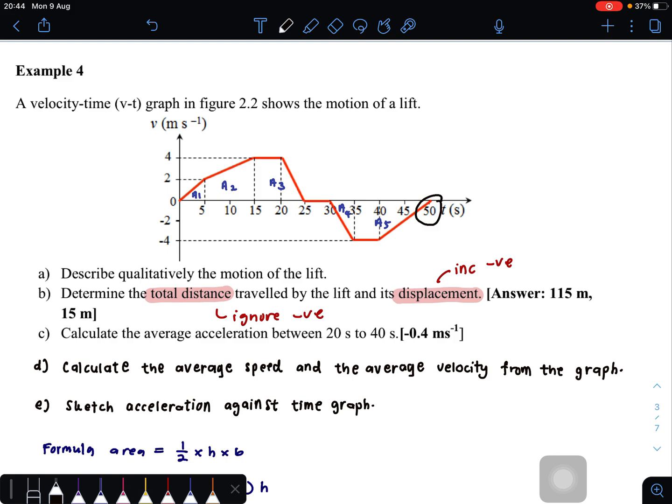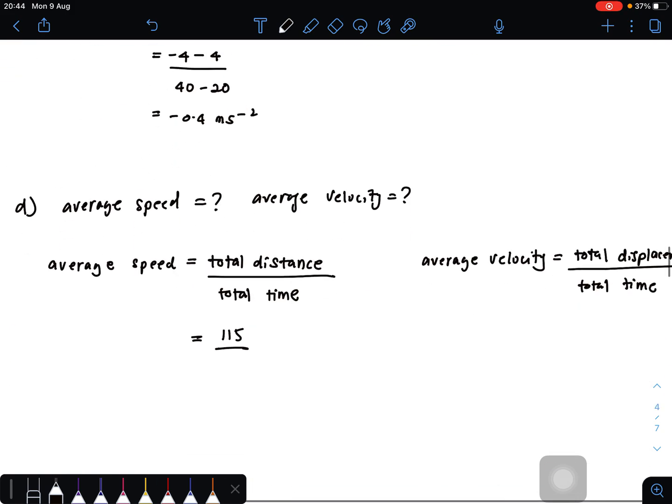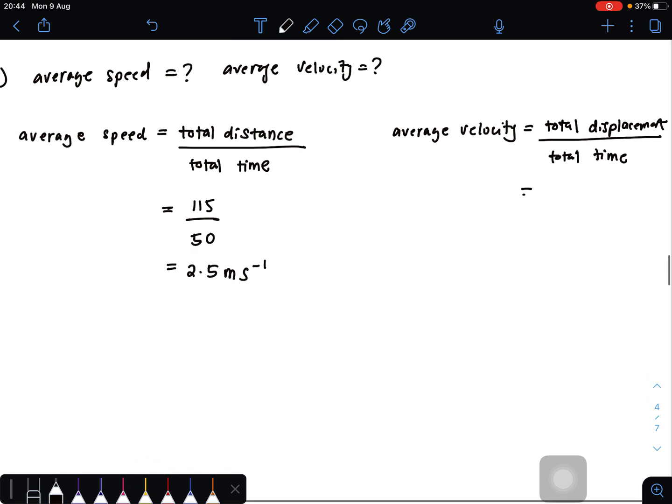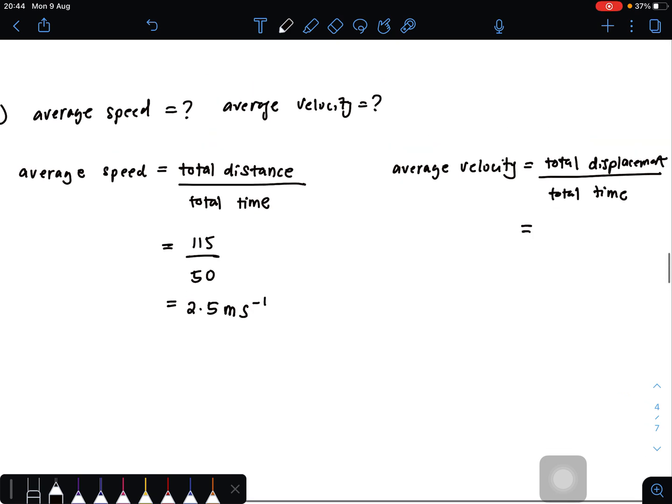That's the whole journey of the lift. So you will get 2.3 meter per second. And then for average velocity, total displacement from just now is equal to 15 divided by 50 seconds. So you will get 0.3 meter per second.